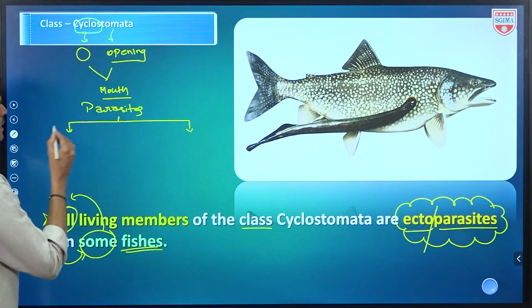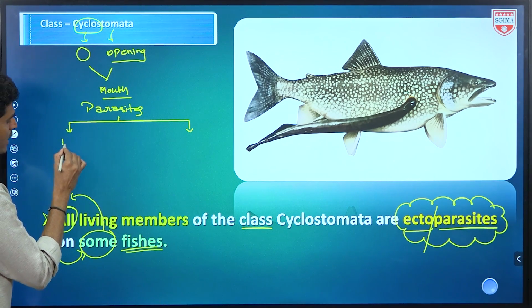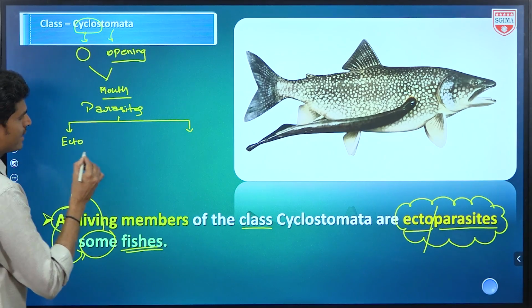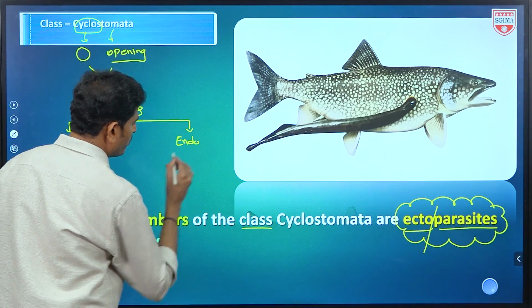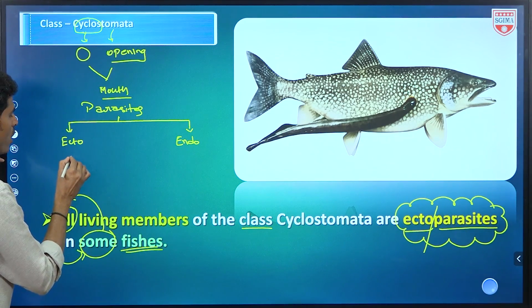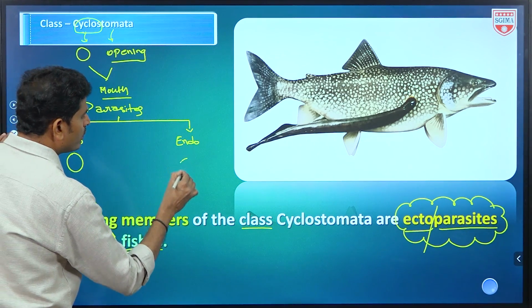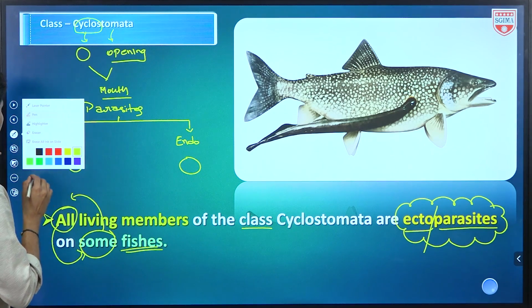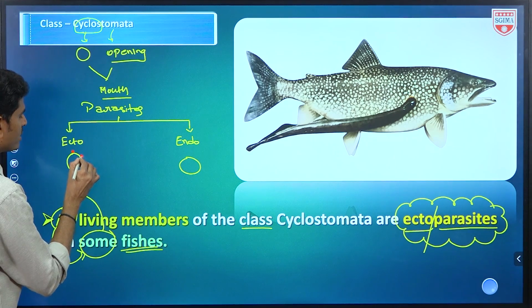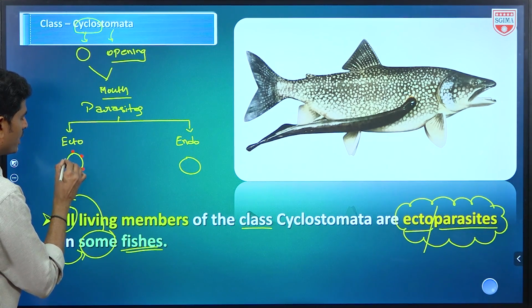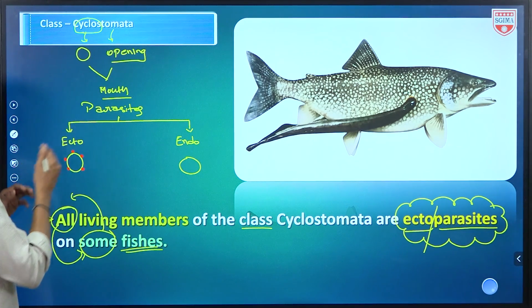Based on location, one category is ecto, and another category is endo. Ecto means outside: the parasites which are living on the surface of the host body, not inside the surface, are called ecto.